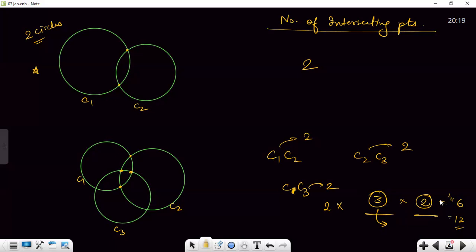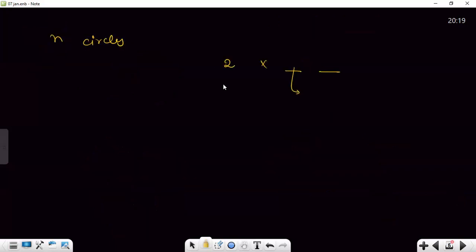One more thing to consider is that in this particular case, pairs are going to repeat. You do not need to take their arrangement into consideration, so we'll divide it by 2 factorial. Here we can conclude how many pairs we can select out of n circles. We have to select 2, and with every pair there will be 2 points of intersection.